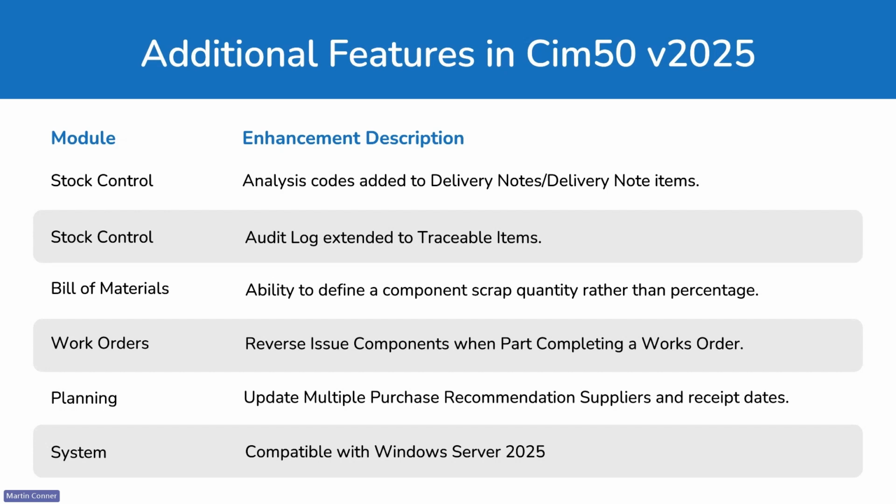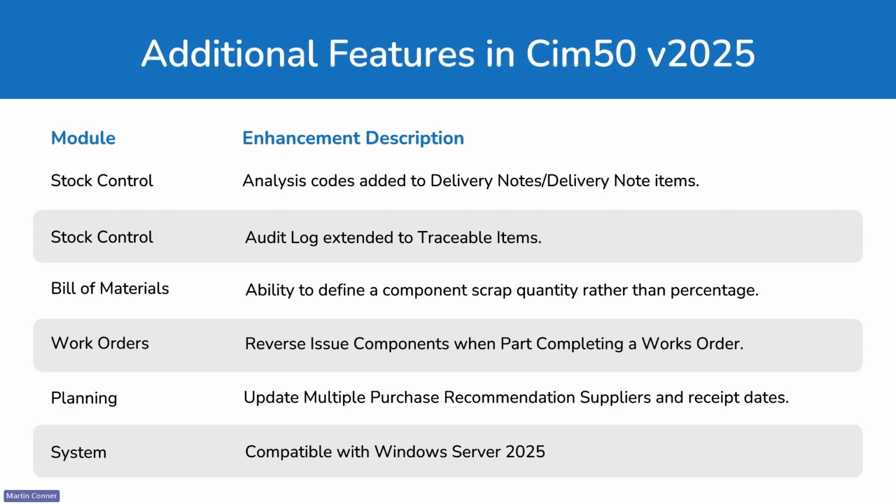So you want to pop them all onto the same purchase order, all with the same date, so that they deliver all the items on the same date. You can now do that from the planning. So you highlight your purchase recommendations, and you've got the ability to amend multiple recommendations, and they're the only two fields: the supplier and the receipt dates.